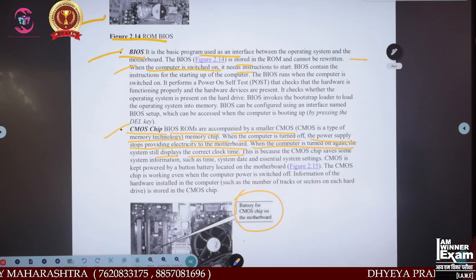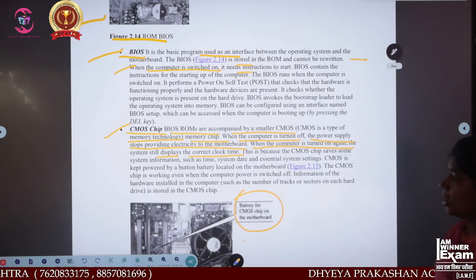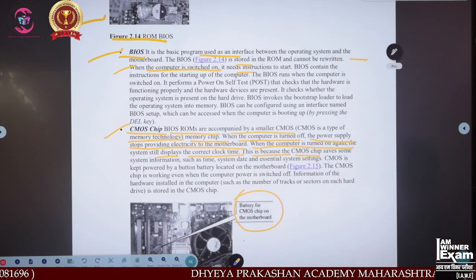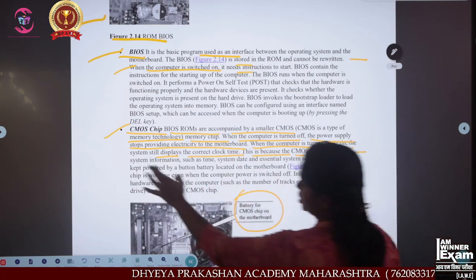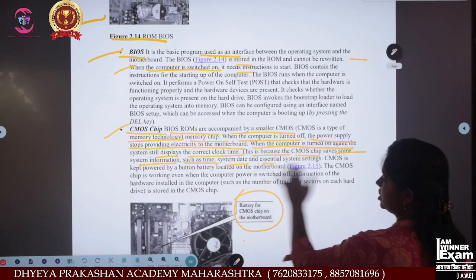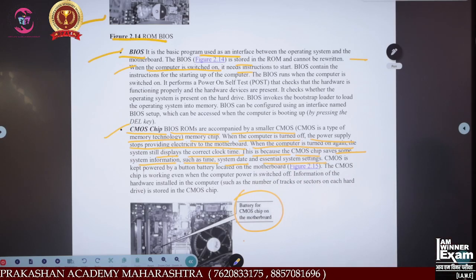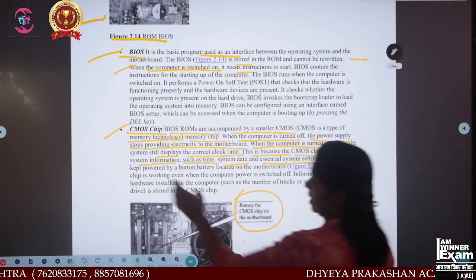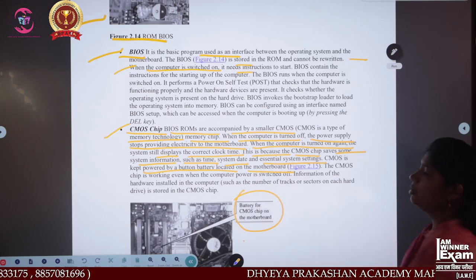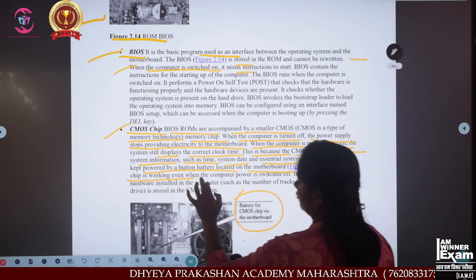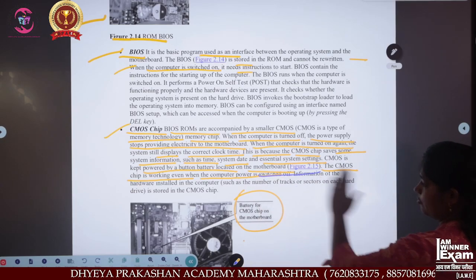This is because the CMOS chip saves some system information such as time, system date and essential system settings. CMOS is kept powered by a button battery located on the motherboard, so the CMOS chip keeps working even when the computer power is switched off.